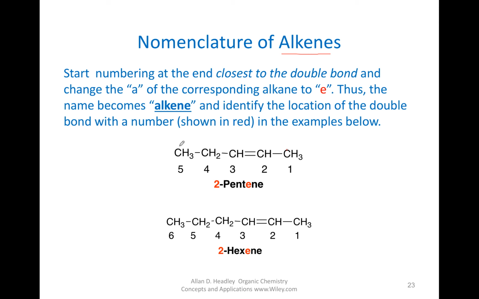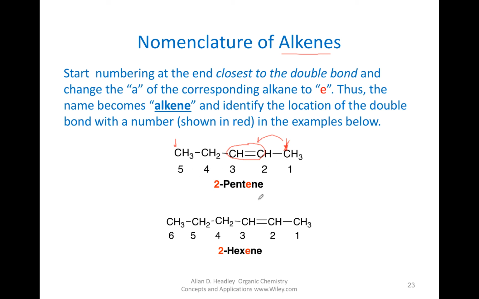As I pointed out, you could start numbering from this end, or you could start from this end, because there are no branches. So in this case, you start at the end closest to the double bond. This end here is closest to the double bond. So we go 1, 2, 3, 4, 5.